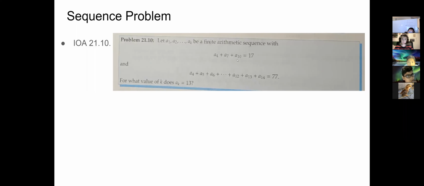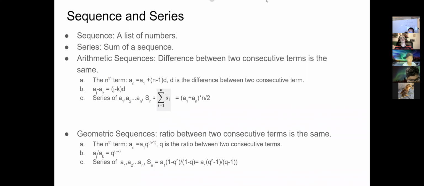Okay, so remember this is something we mentioned about average. When we have an odd number of terms, that triggers a trick here, right?